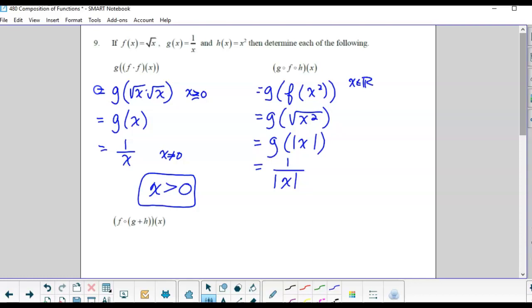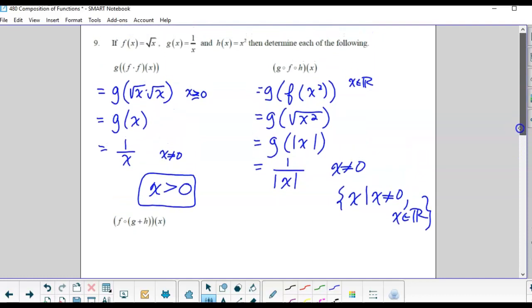Because we're square rooting it and x was anything but it was squared, it's okay. So that's why we have the absolute value, because it's going to come out as a positive. X cannot be 0, so then where those overlap, so again, x is going to be anything except 0.